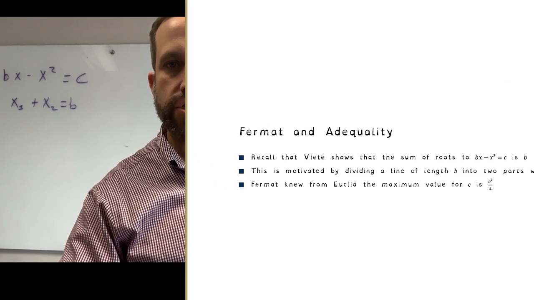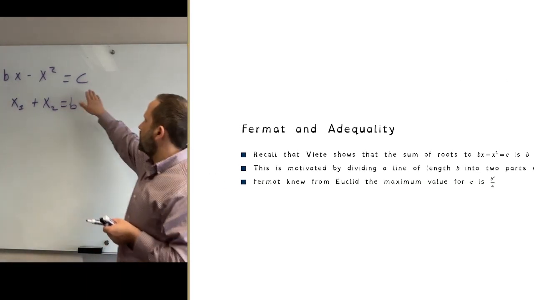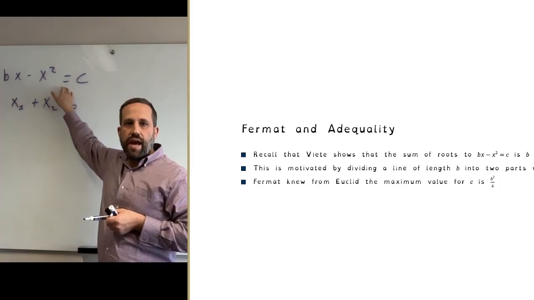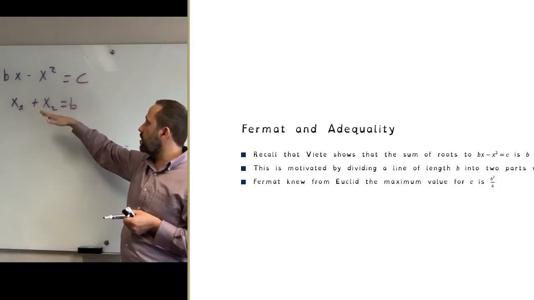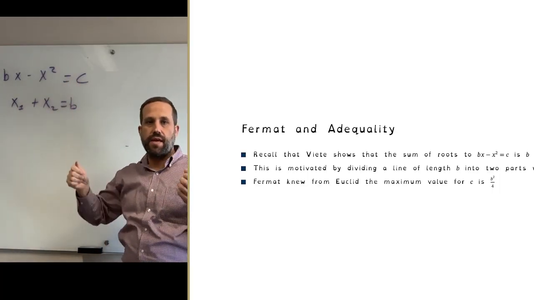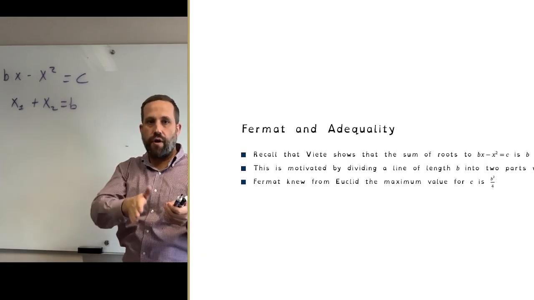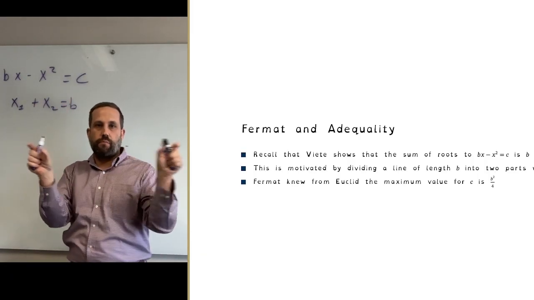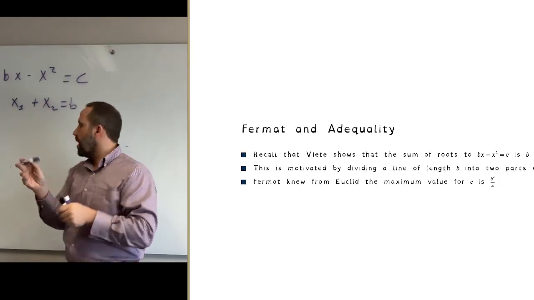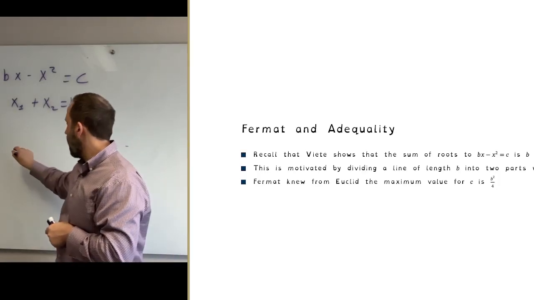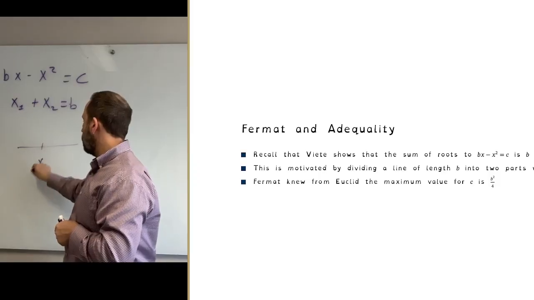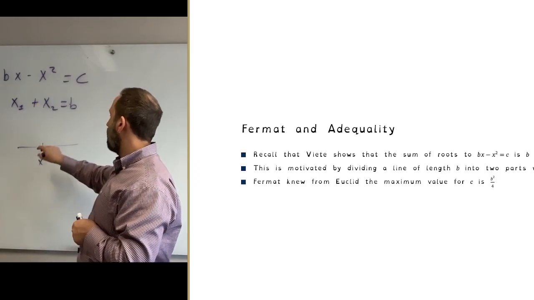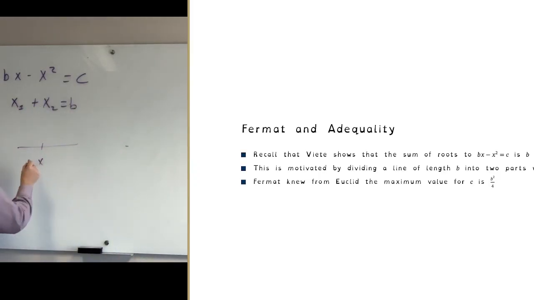So what is the motivation for setting up an equation like this? It's not so important for what we're going to talk about here, but the motivation is if you have a line of length b and you want to cut it at a point x, then this is going to give you the product of the two different parts of that line. So if you have a line of length b and you cut it at x, then this length is x, and this is length b minus x.